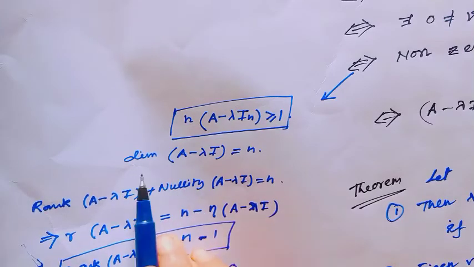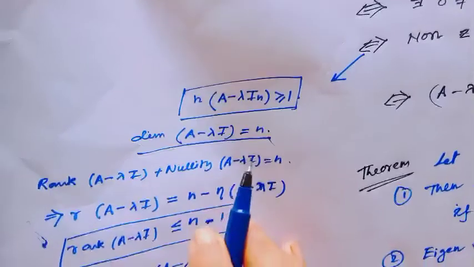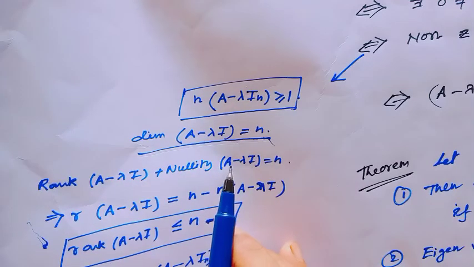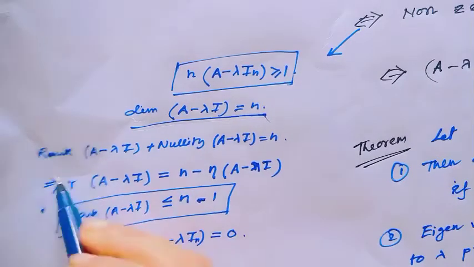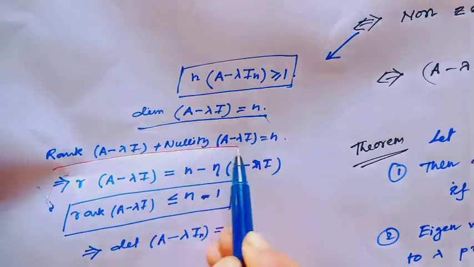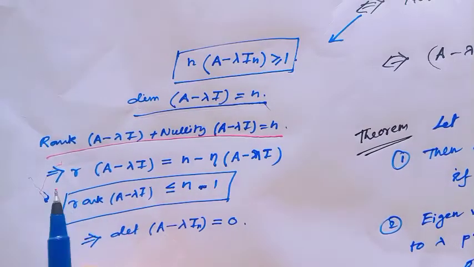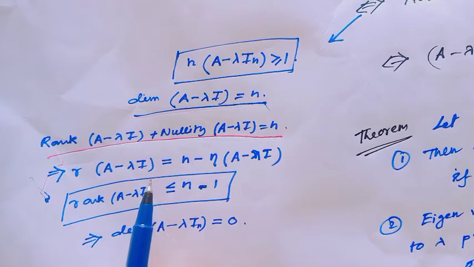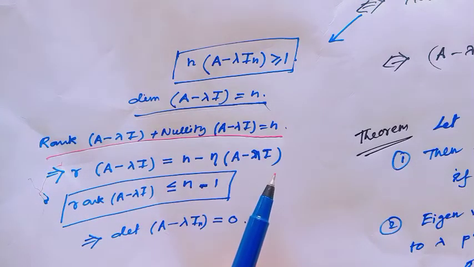Here the matrix is A minus lambda I of size n. Now apply the rank-nullity theorem: rank of A minus lambda I plus nullity of A minus lambda I equals n. Then rank of A minus lambda I equals n minus nullity of A minus lambda I.